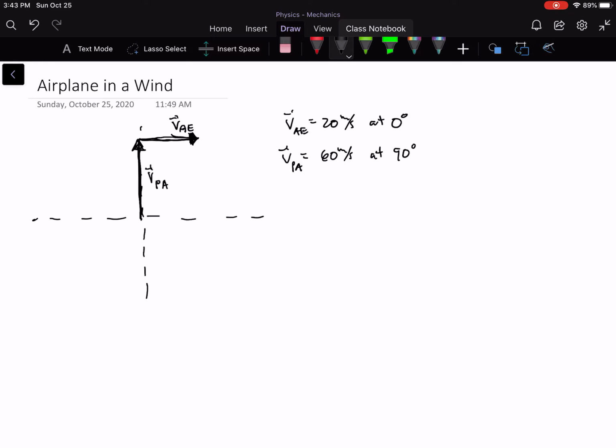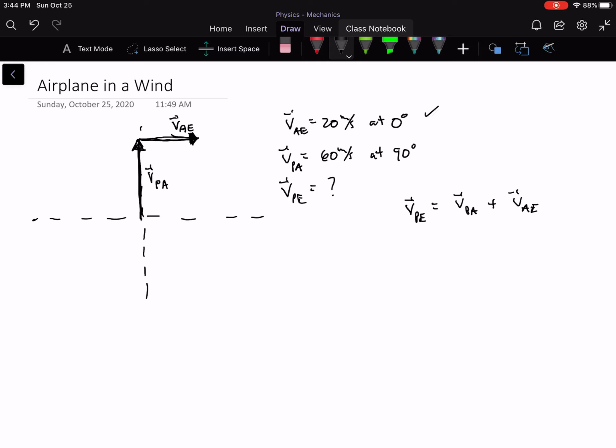Okay. And we're looking for the true velocity of the airplane, i.e. its velocity relative to the Earth. So plane relative to Earth, V sub PE, and we're going to figure that out. Now, if we put this into our usual relationship between relative velocities, we match that pattern: plane relative to the air plus air relative to the Earth.